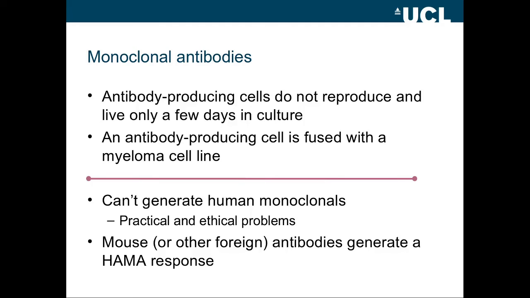Now, we also can't use mouse antibodies or other foreign antibodies, because if we inject those into a human host, we get what's known as a human anti-mouse antibody, or more generally, an anti-antibody response against that injected antibody. So this is where this idea of humanization comes in.